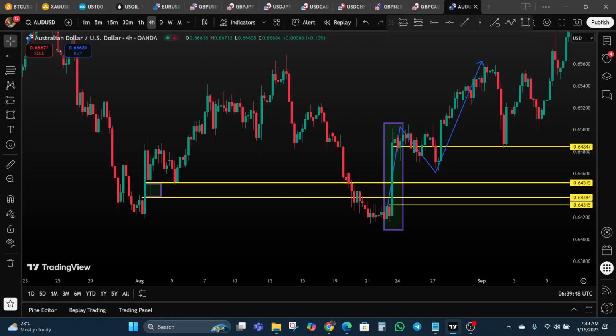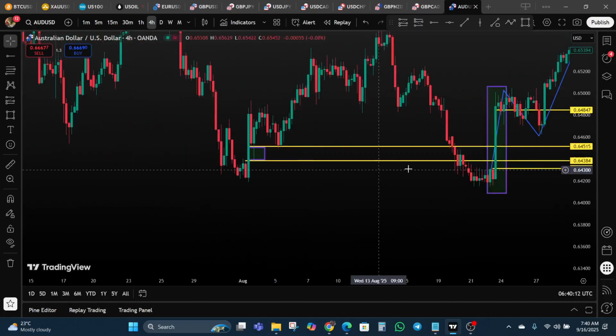Now let us look at how to use them within a trading plan. A BPR by itself is powerful, but combining it with other ICT concepts makes it even more effective. Pair it with order blocks to find stronger confluence. If an order block sits near a BPR, that is a zone you will want to pay attention to.